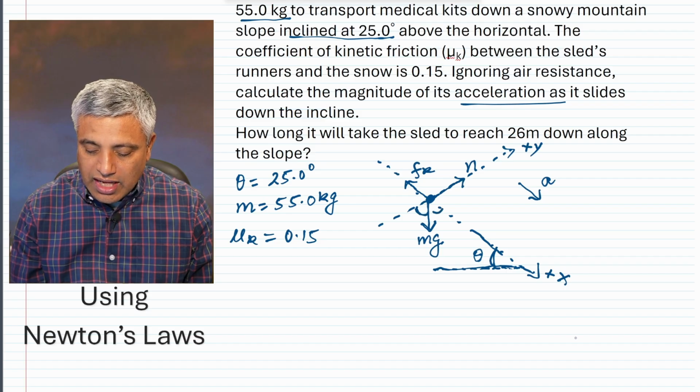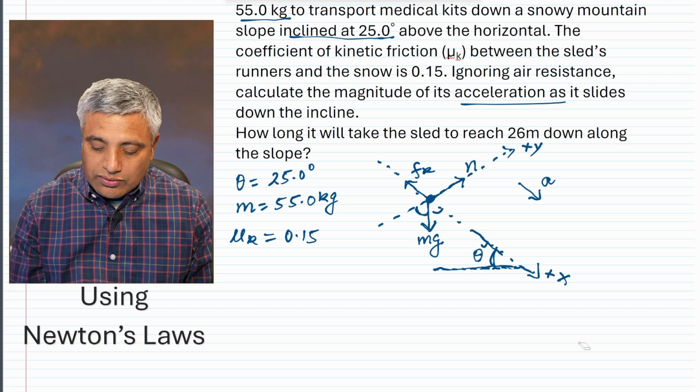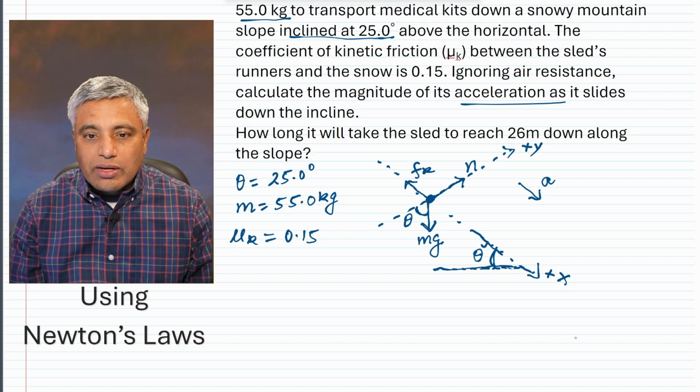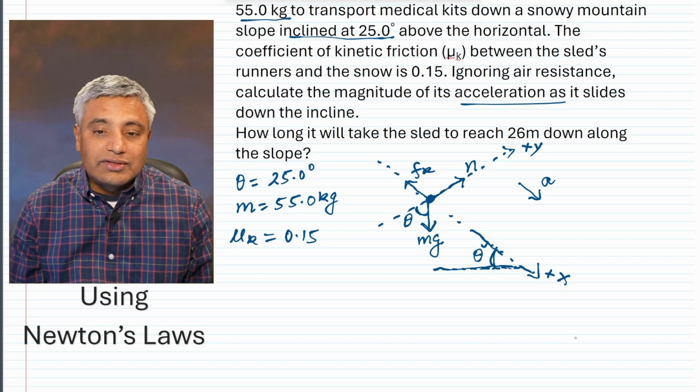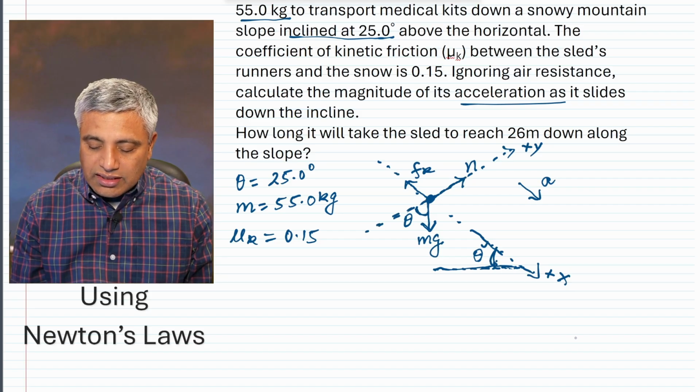These two angles are most likely not equal, so what could be equal? This one is. We can prove that using geometry, but that's not our goal. It's a good idea to remember that this angle is always equal to the angle between the y-axis and mg.